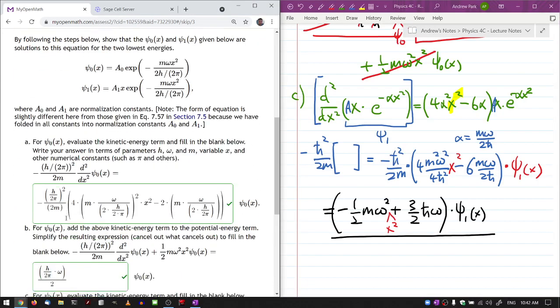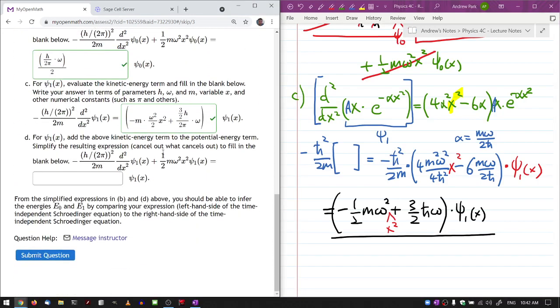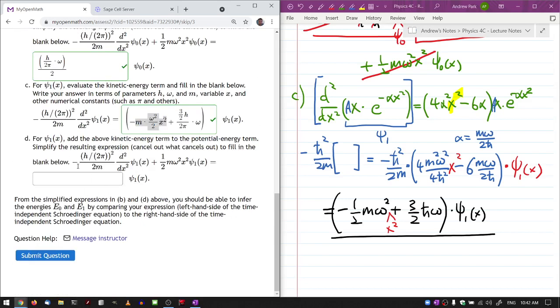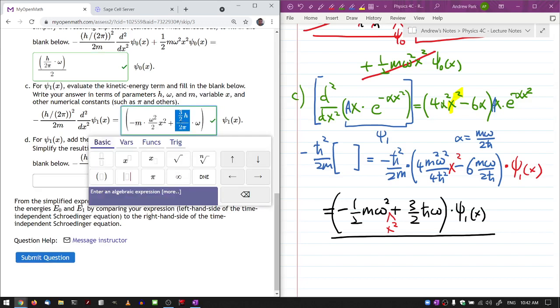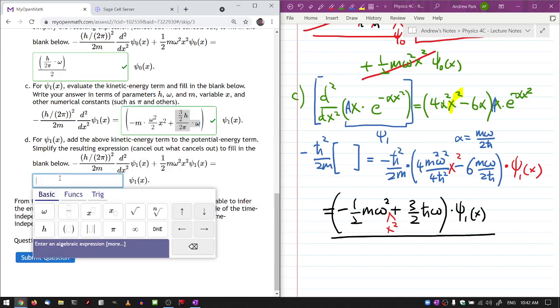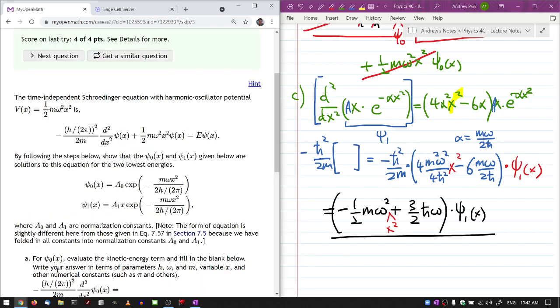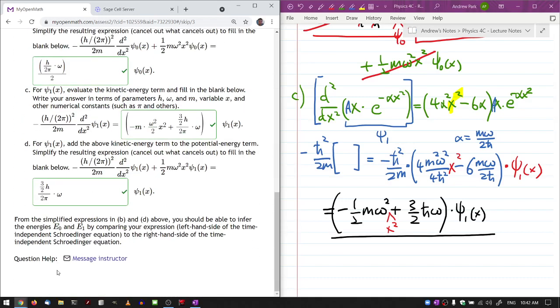A lot of tedious algebra. All right, and this time having done this simplification makes my next step pretty easy, because the potential energy term cancels that out. So I'm just left with the second term that I can almost copy and paste into this input here. This is practice going through the calculations step by step.